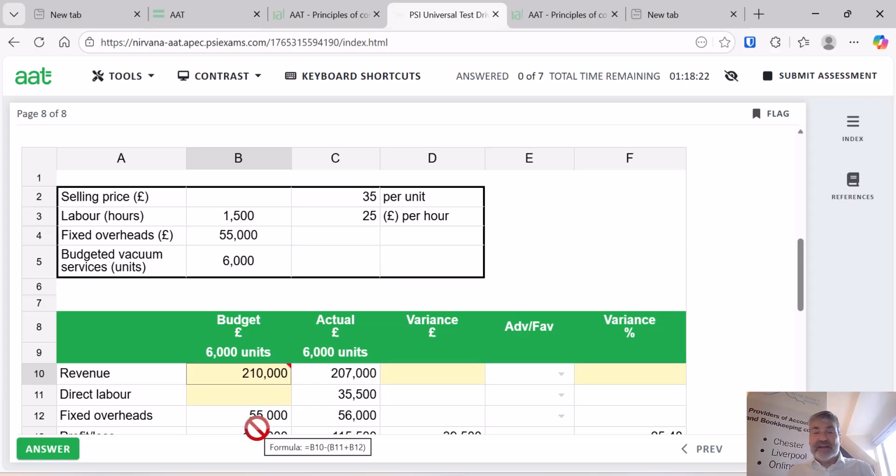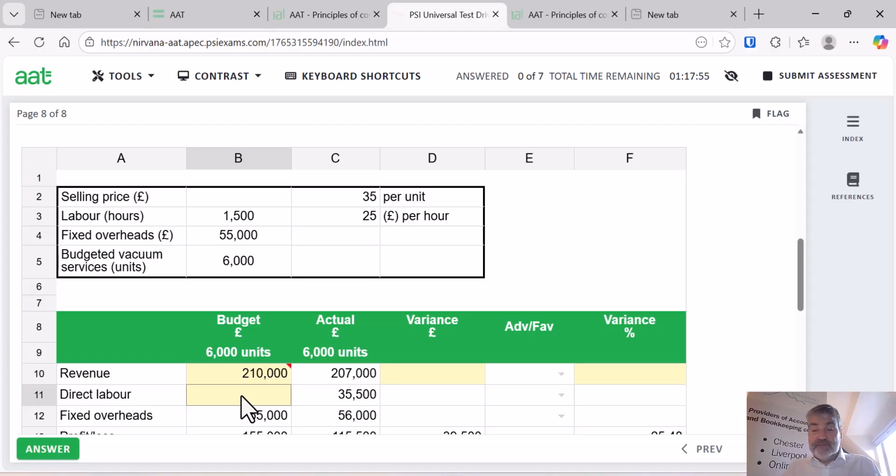So let's put direct labor in next. For our budget, what we're going to need to know is the number of hours that are needed, and then multiply that by the cost per hour. That information is provided for us in the panel at the top there. We've got 1,500 labour hours at £25 an hour, so we can pop a formula in to multiply those two figures together.